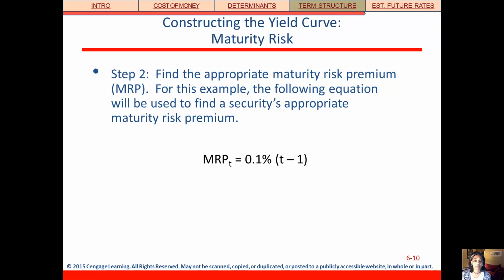Then we need the maturity risk premium. This is not a formula that you need to memorize. You'd always be given a formula that we think is appropriate for calculating the maturity risk premium at any given time. It would be some percentage times t minus 1, and that would give you the maturity risk premium at time t.